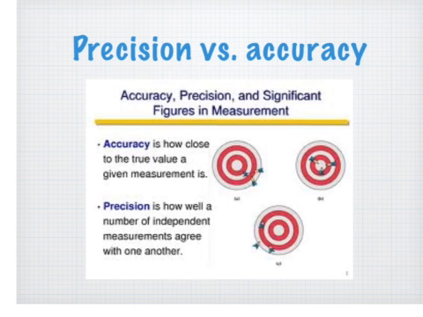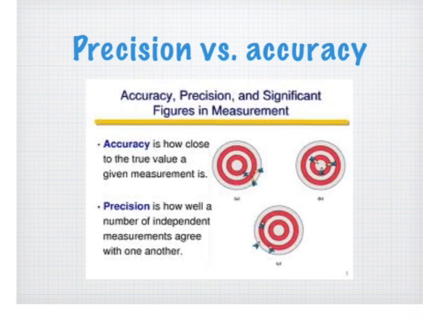The last thing we need to talk about is this idea of precision versus accuracy. Many students use these terms interchangeably, and they're not actually meaning the exact same thing. Accuracy is how close the measurement is to the true value. So in this example, we can see the 3 arrows are all very close to the center bullseye.